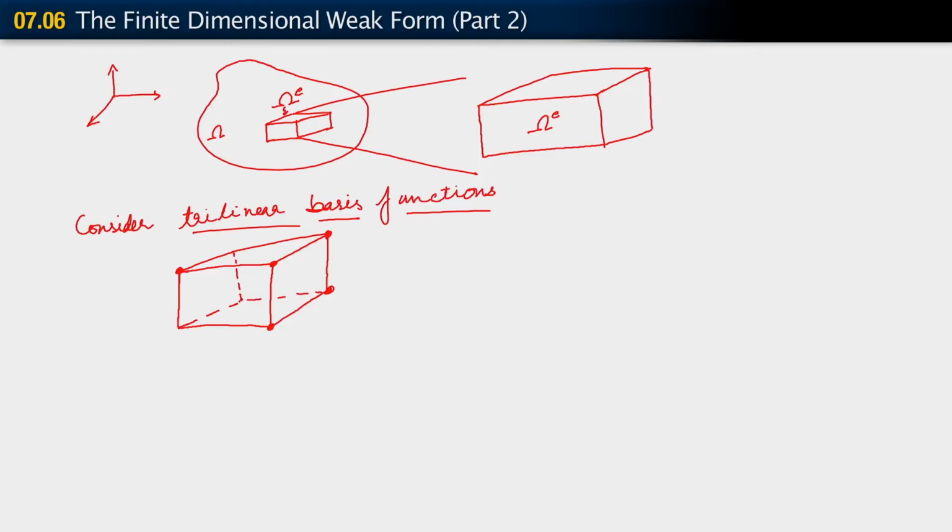Okay, so we have, there we go, right? So this means we have 8 nodes. So when we are going to work with trilinear basis functions, we have these element subdomains that are sometimes also called 8-noded elements, right?